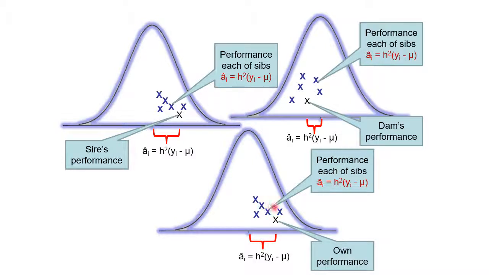So we also see this then as a step up in the accuracy or reliability of our prediction based on the parent average plus the animal's deviation from its own contemporaries. And obviously in each case the heritability is taken into consideration, as that is the additive variance relative to the total variance for that specific trait.